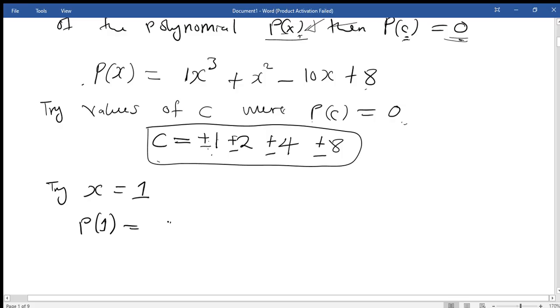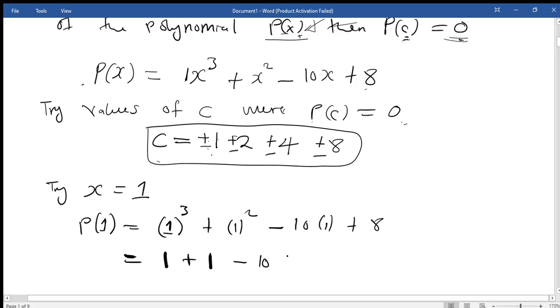This will be 1 power 3 plus 1 squared minus 10 multiplied by 1 plus 8. So this becomes 1 plus 1 minus 10 plus 8. This becomes 2 plus 8, that's 10. 10 minus 10, that's 0.